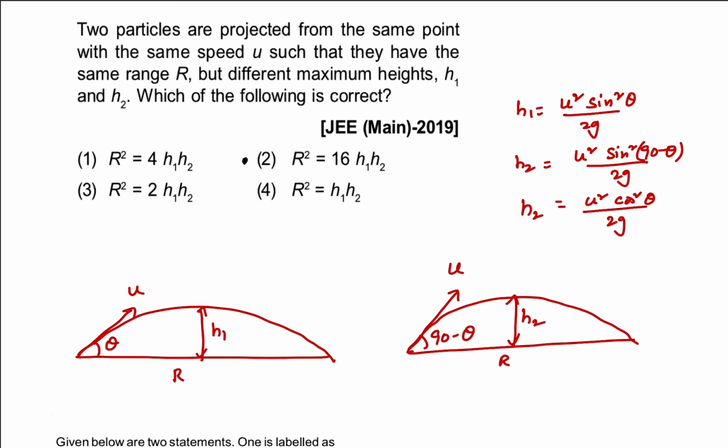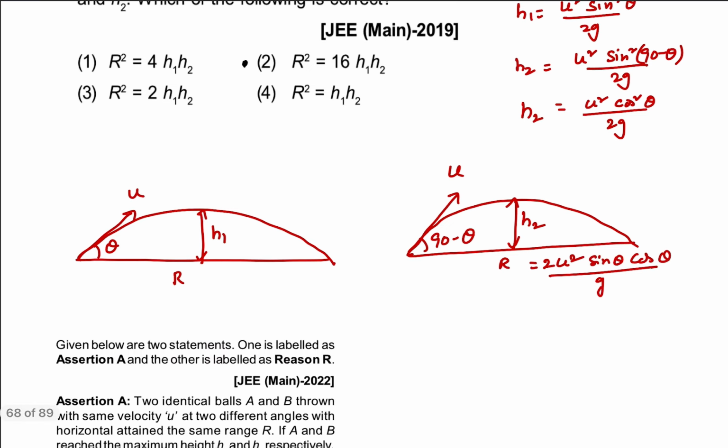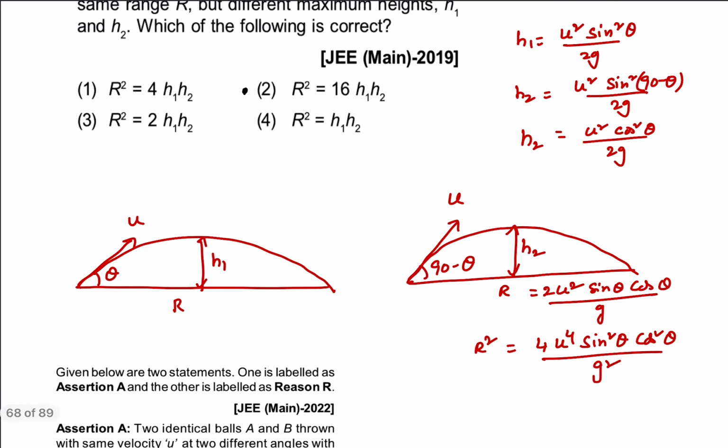If I take the r value, in both the cases r can be written as 2u² sin theta cos theta divided by g. If I write the r² value, I get 4u⁴ sin² theta cos² theta divided by g².